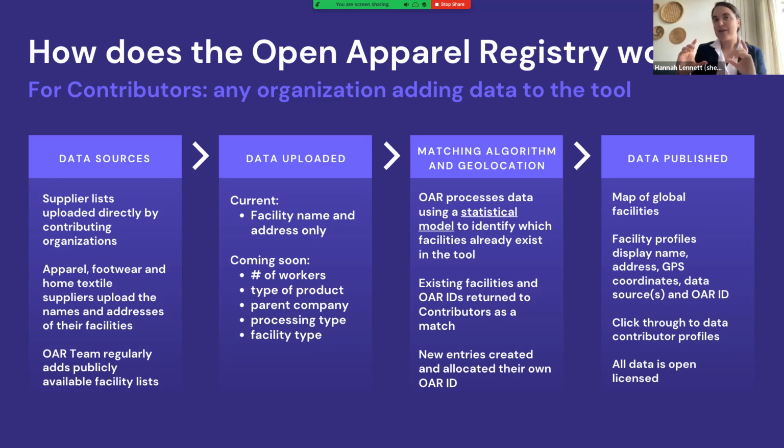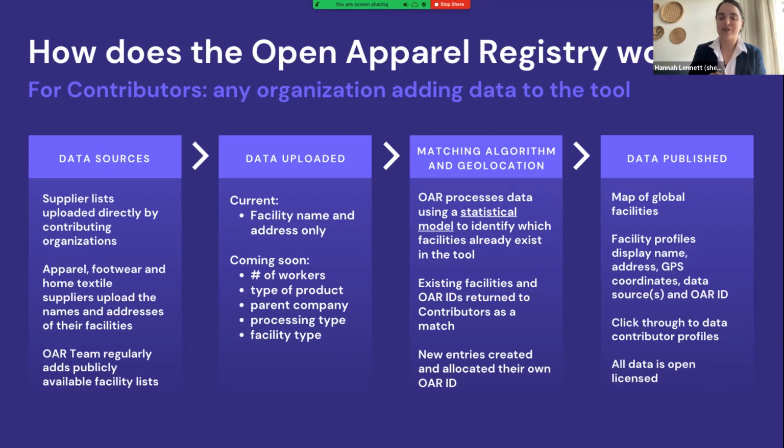If it thinks it found a match and it isn't sure, it's going to allow you to confirm or reject a potential match. And we'll show you in a little bit what that looks like. And then once it's gone through that processing piece, it's published on the Open Apparel Registry for anyone to search through and or download. And we'll show you what a facility profile looks like shortly.